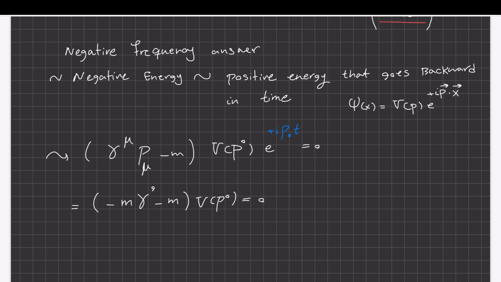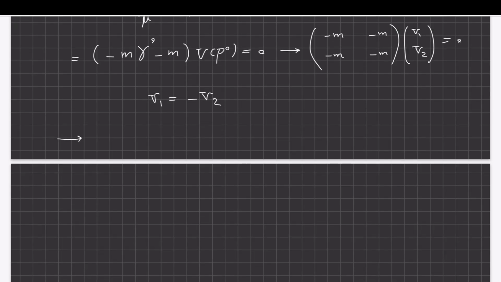Again, similar operation to solve this differential equation. Instead of u, we are going to use v here, and these terms just have a minor sign change. The last time we have plus m, minus m, and now we have minus m in all of them. And then the answer is v1 is equal to minus v2. So in these types of answers, the right-handed and left-handed are not the same, but minus of each other. So the right-handed is minus of the left-handed and vice versa.